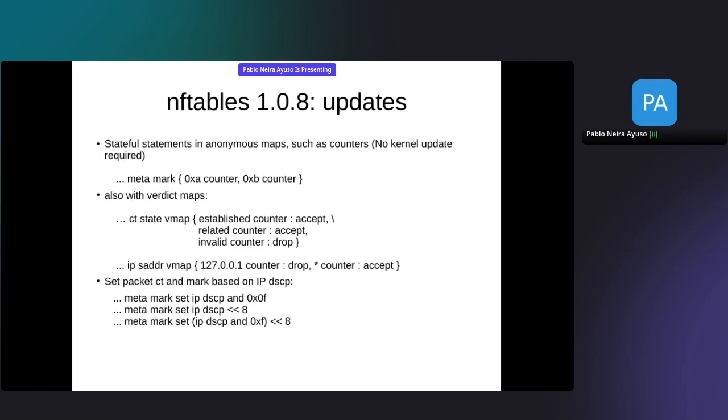This was already possible with explicit sets, but it was not with implicit sets. As I said, it's just a user space update. No kernel update is required to do this.